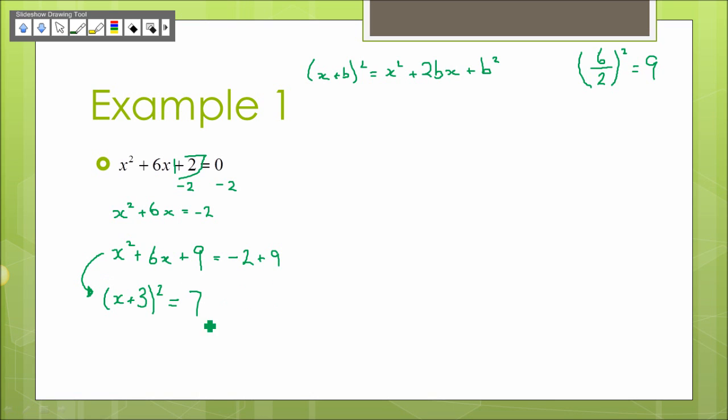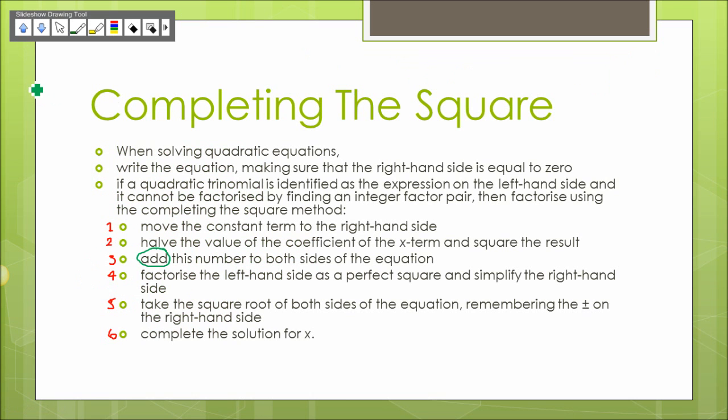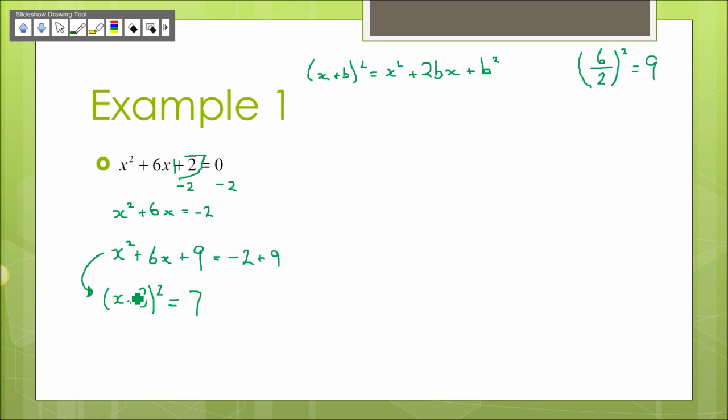Okay, let's have a look at our next step. We've simplified and factorized. Take the square root of both sides of the equation, remembering the plus or minus on the right-hand side. Alright, so this is the part where we start to solve our quadratic equation. So we're going to take the square root of this side and the square root of this side.